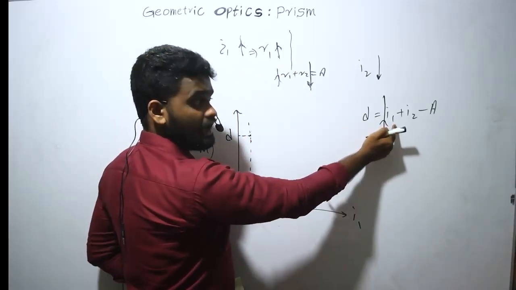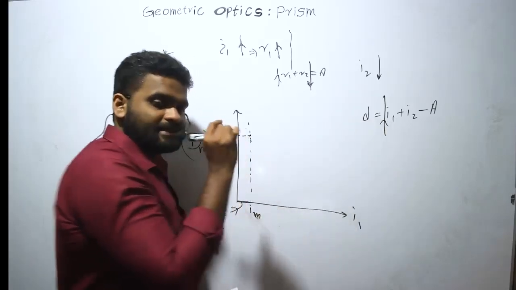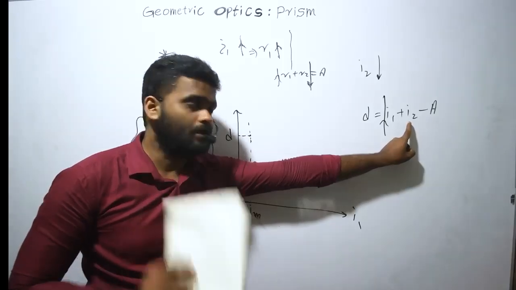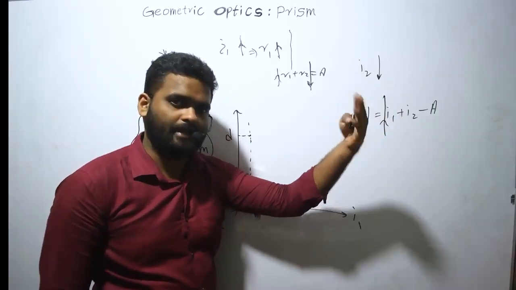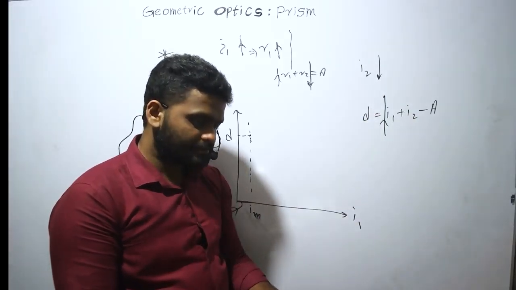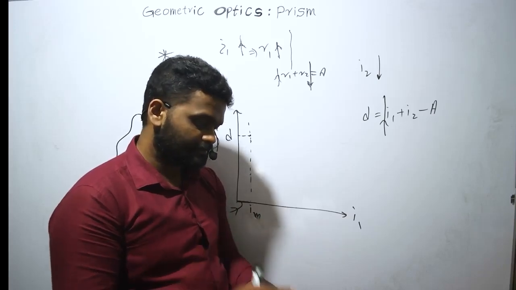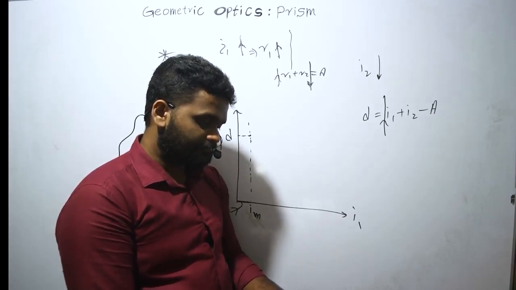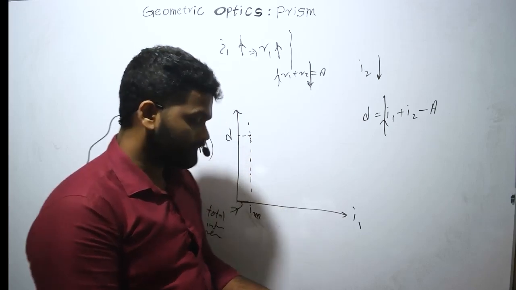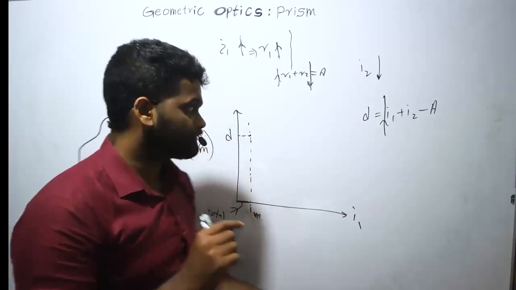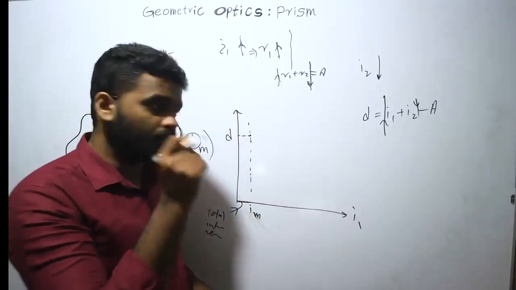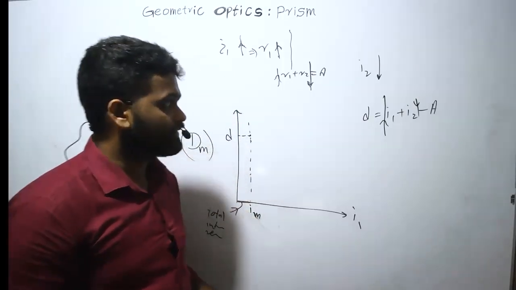But I2 does not increase by the same amount; it is according to the sine function. So when you increase I1, what happens initially? I2 decreases, but at a lower rate.